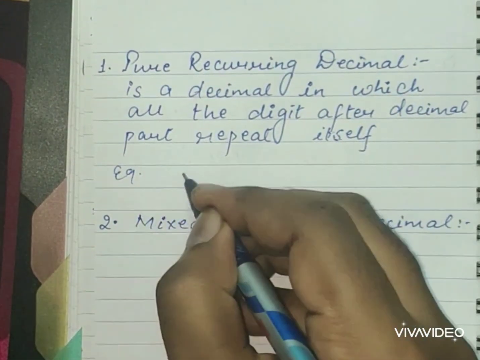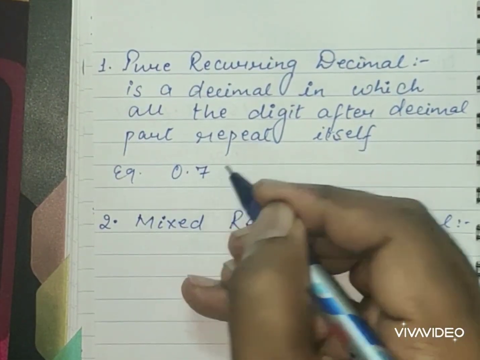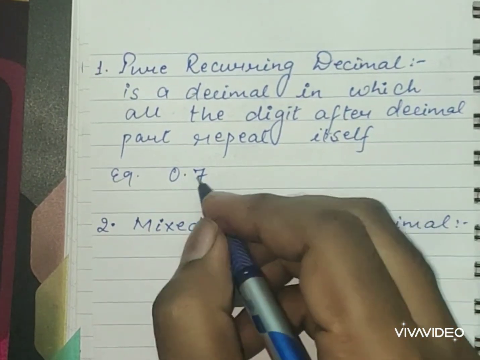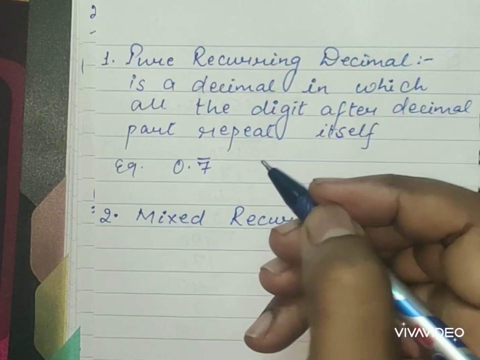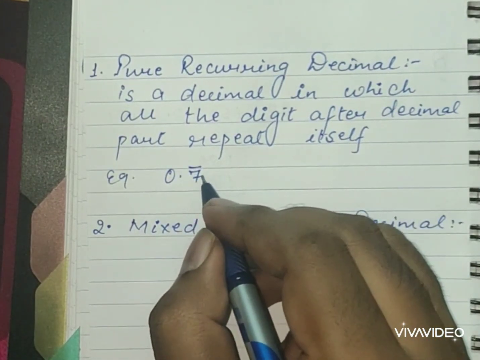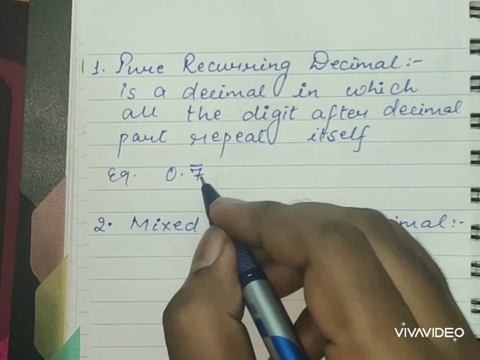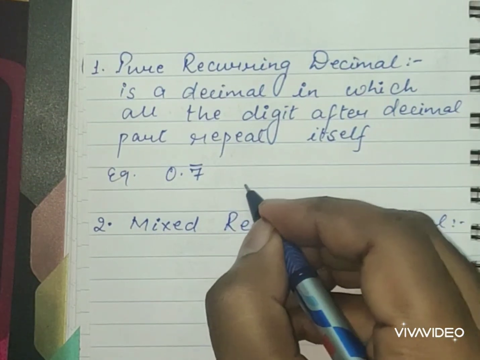Example, suppose 0.7 is given, so it will be repeated again and again, so we are putting a bar on it. This bar represents that the 7 is repeating itself again and again.